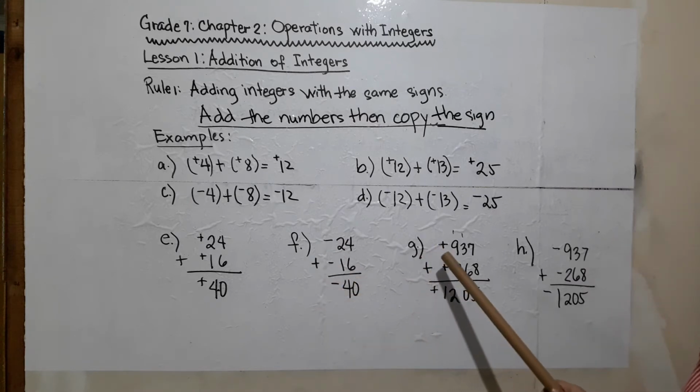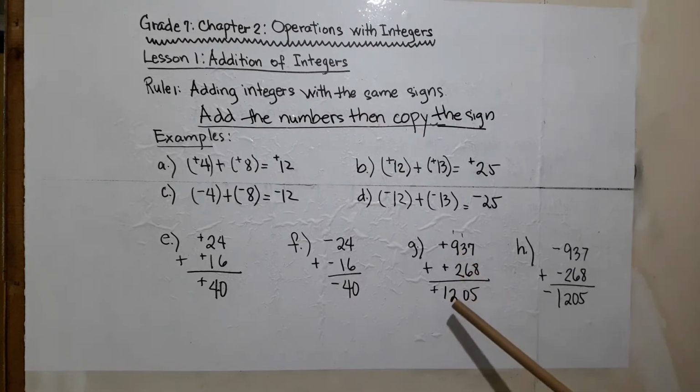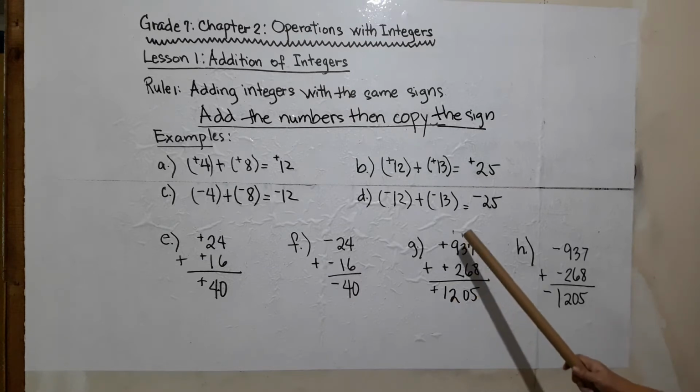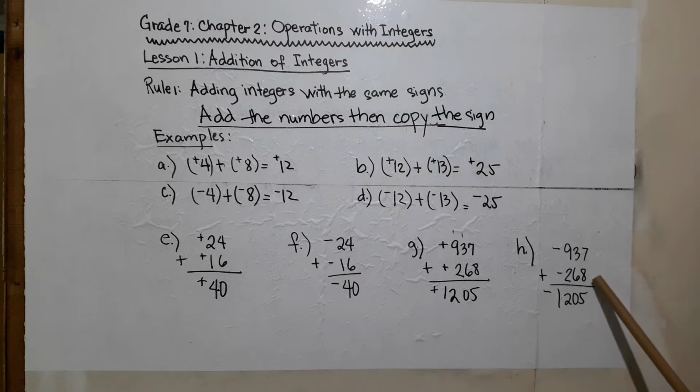Letter G, add the numbers. 937 plus 268 is 1,205. Copy the sign positive. For letter H, example, negative 937 plus negative 268 is equal to negative 1,205. We just added the numbers, then copy the sign negative.